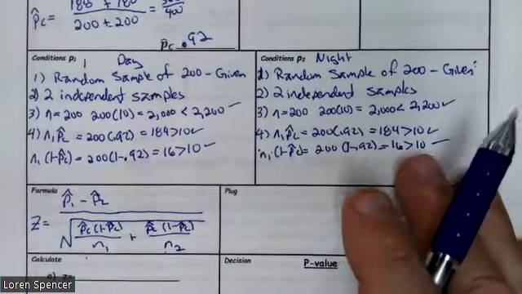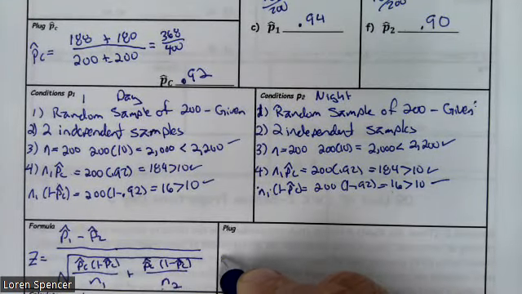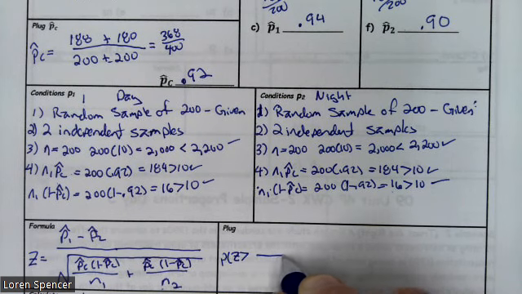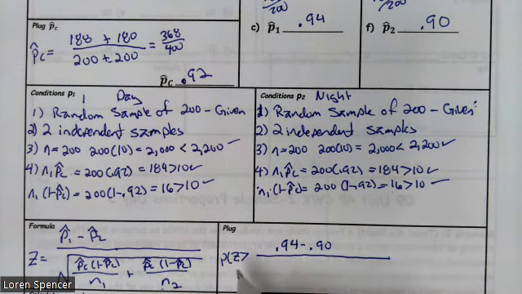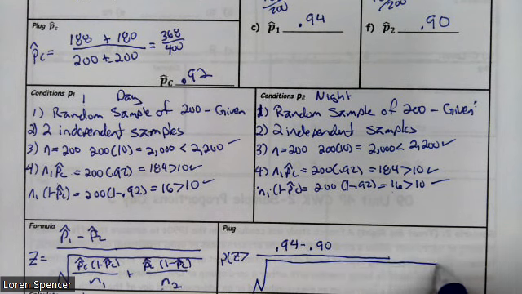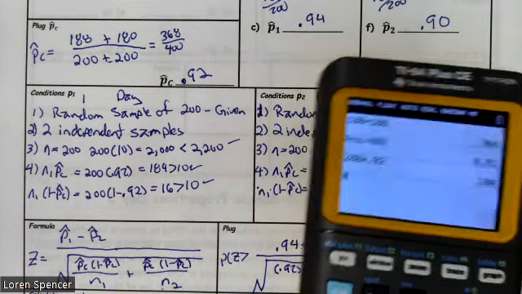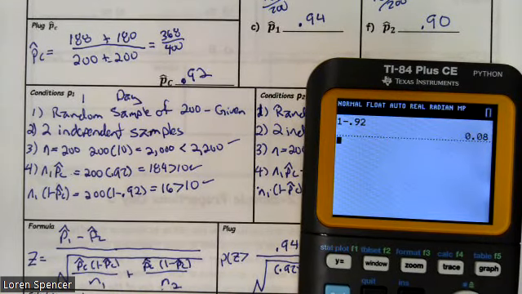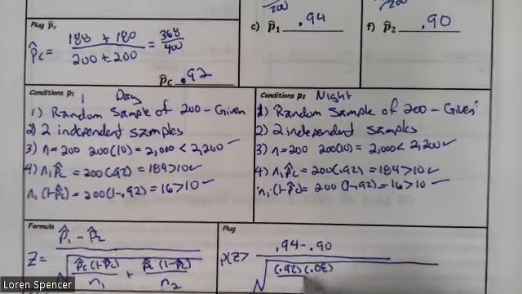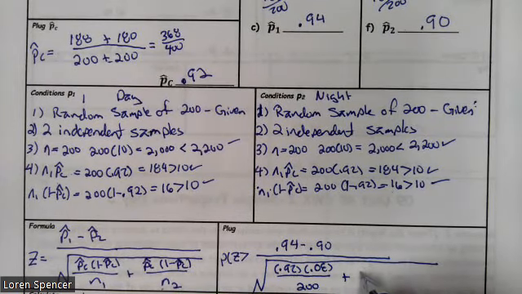So we are interested in the probability that Z is greater than 0.94 minus 0.90 over the square root of, and P hat C is 0.92. 1 minus that is 0.08, because all I did was go 1 minus 0.92, and I get 0.08, so that's where that came from, over 200 plus 0.92 times 0.08 over 200.